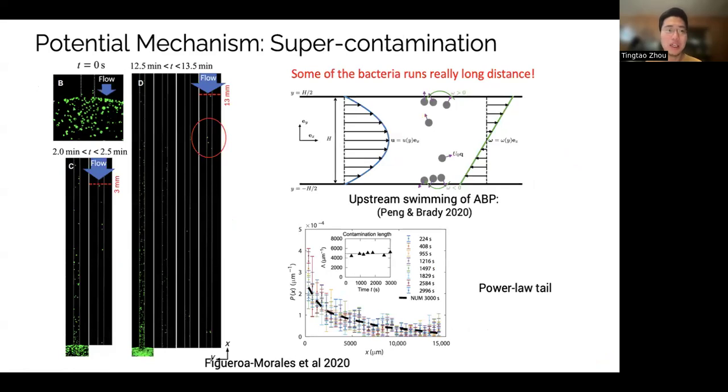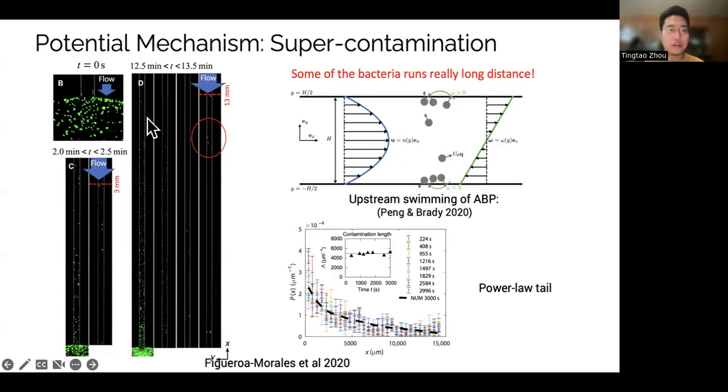And what's more is that they not only observe the phenomenon qualitatively, but they can also try to measure the distribution of the bacteria inside this channel quantitatively. So when they did that, it's actually quite surprising.